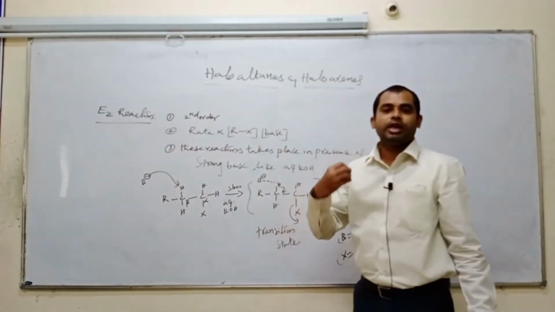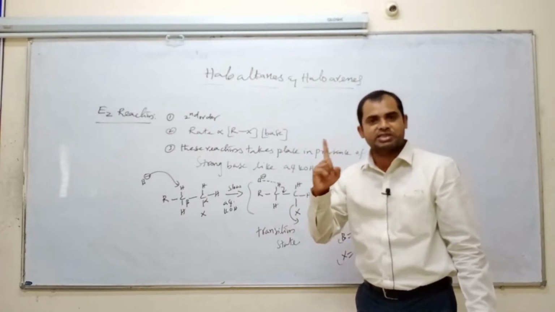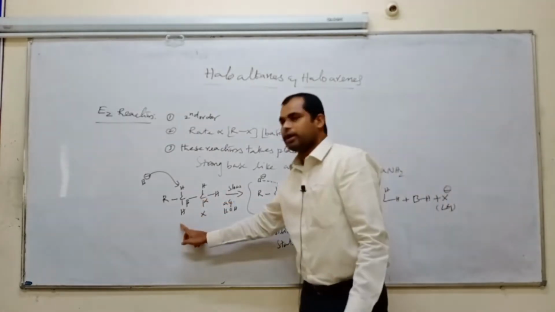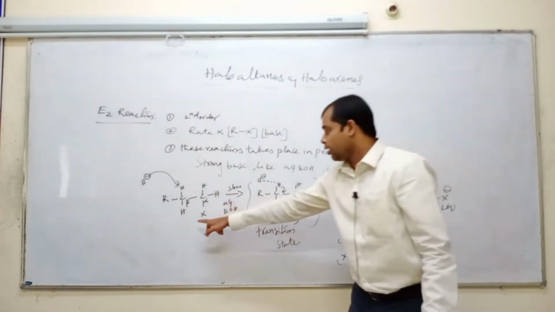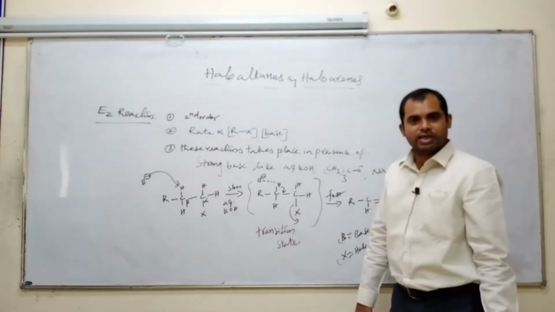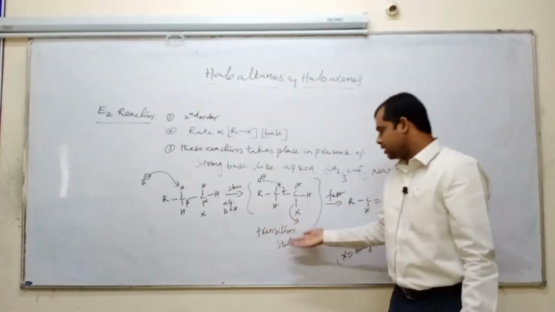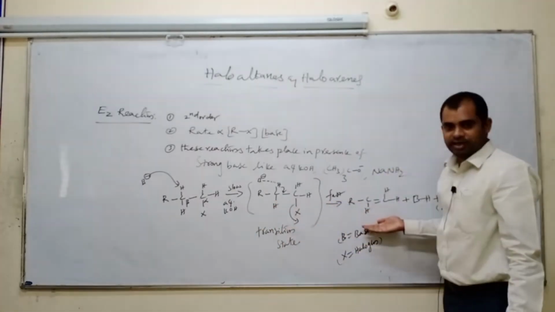E2 means bimolecular elimination reaction, which takes place in a single step only. First of all, a beta hydrogen atom is compulsory. So a haloalkane with a beta hydrogen atom reacts in the presence of aqueous KOH. They form the transition state, then afterwards form the alkene. So this reaction takes place in a single step.